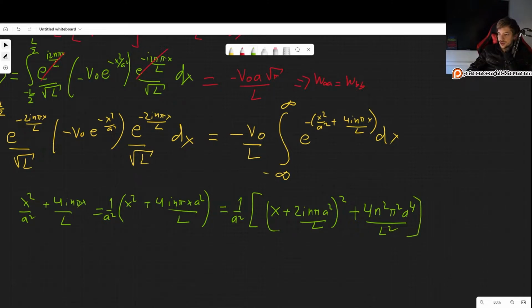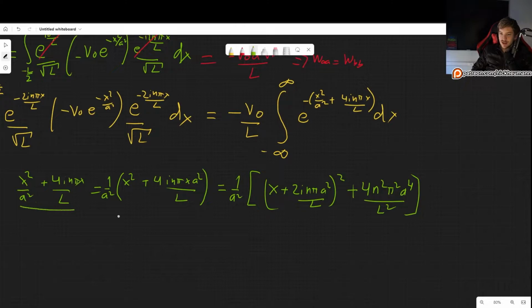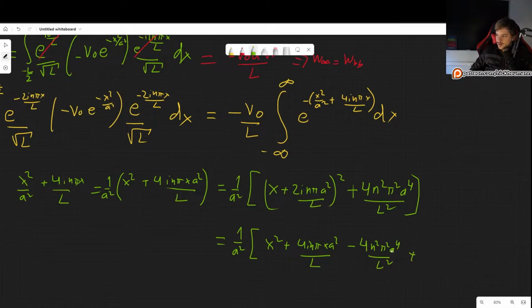Now let's make sure that we did this correctly. So I will now multiply through, and we should get exactly what we had before. So this is 1 over a squared, and then we have x squared plus 4i n pi x a squared over L minus 4n squared pi squared a to the 4th over L squared plus this same thing.